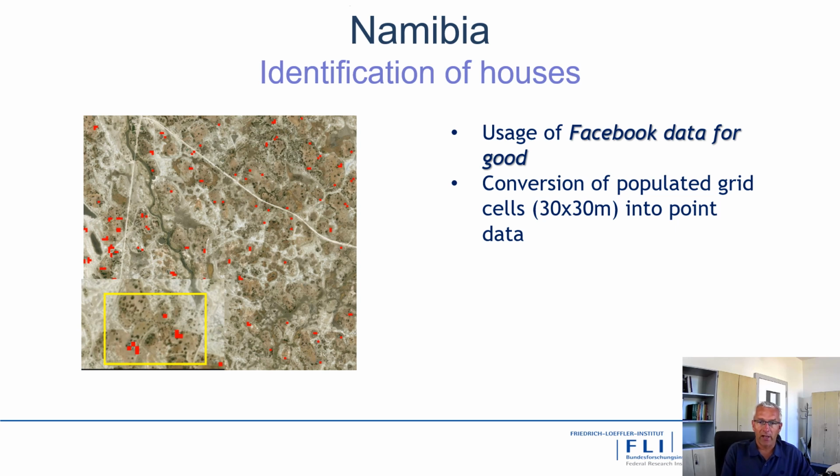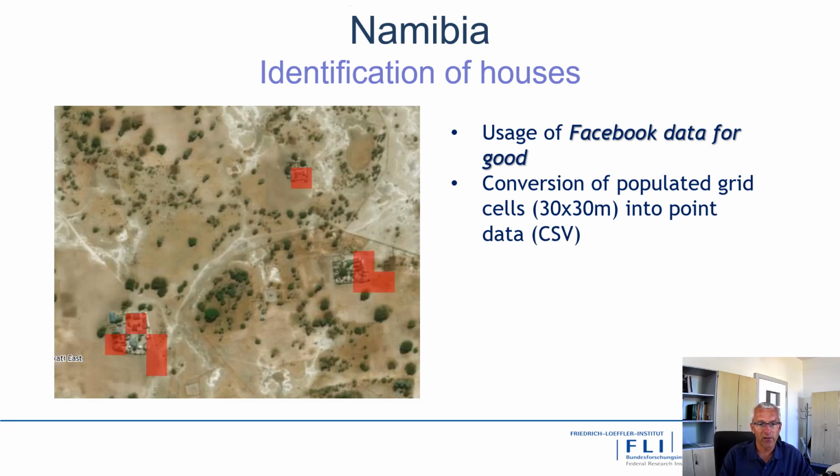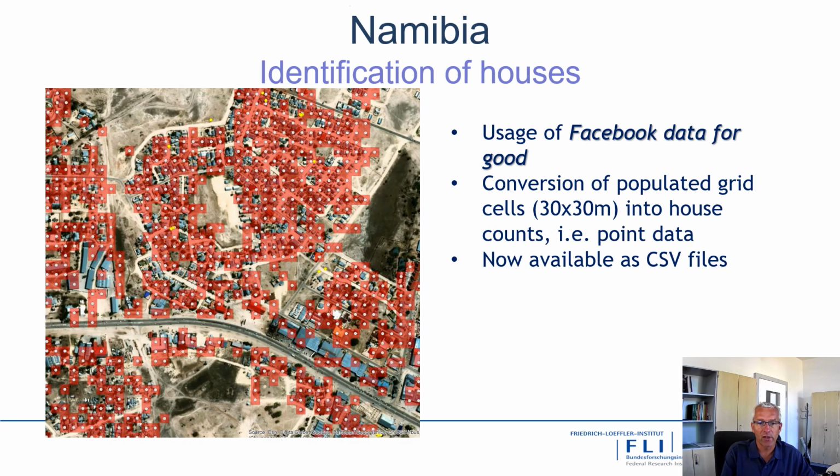This is what it looks like for Namibia. You can see here on the left-hand side the normal satellite images, and the red dots display identified houses based on the Data for Good. This is an enlargement, and you see how accurate it is. It identified these households quite well. This is what it looks like in more urbanized areas.